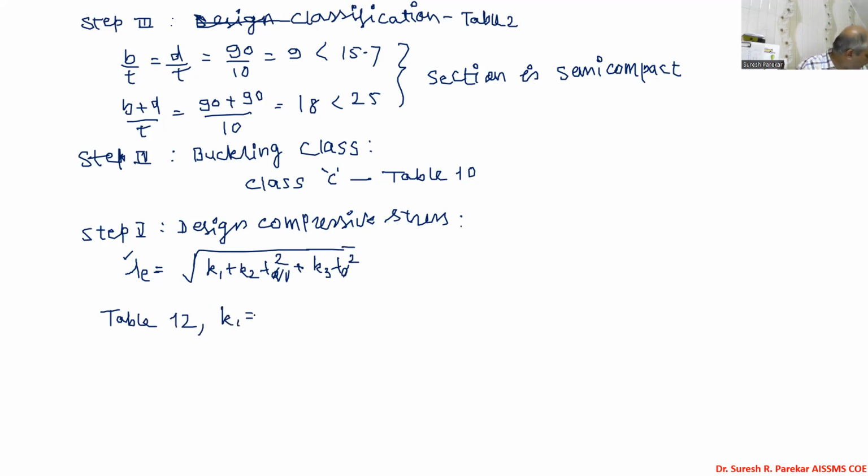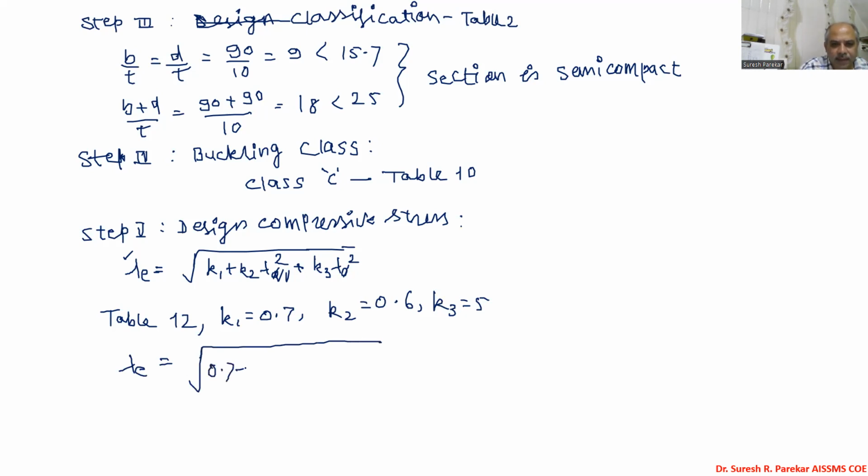K1 is 0.7, K2 is 0.6, and K3 is 0.5. Then we will get lambda E equal to root of 0.7 plus 0.6.